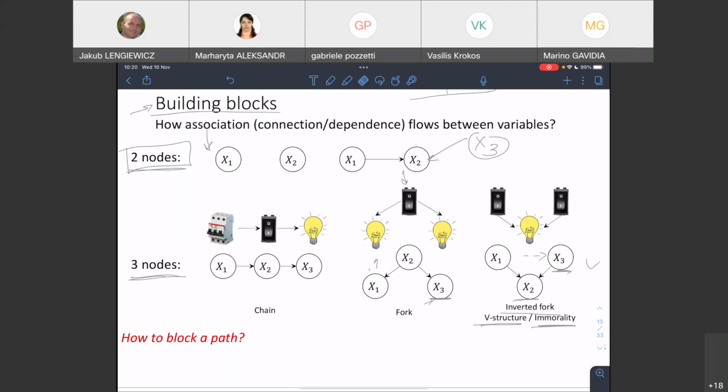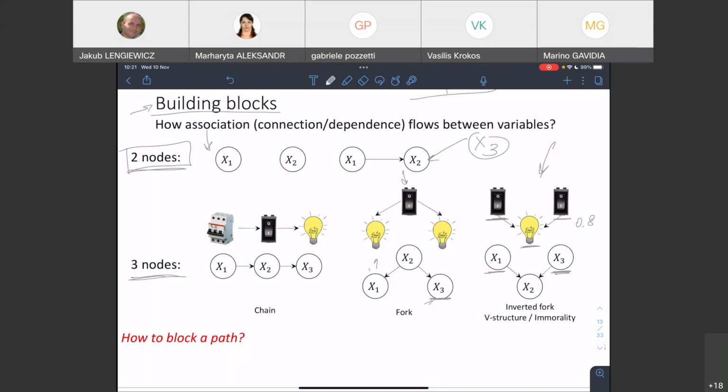Again, we pose ourselves the same question. Will we be able to observe statistical association between the two non-adjacent nodes, that is x1 and x2? And the same thing, we'll observe an illustration. Now we have two switches in the room and one light bulb. The situation is the following. If the two switches are on, then with very high probability, let's say 0.8, the light bulb is also on.